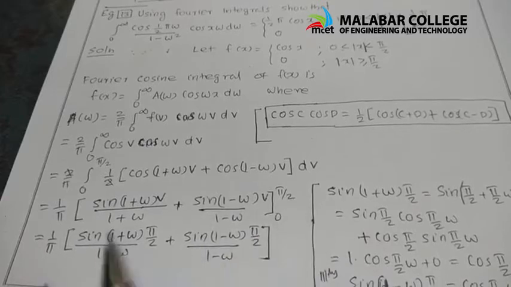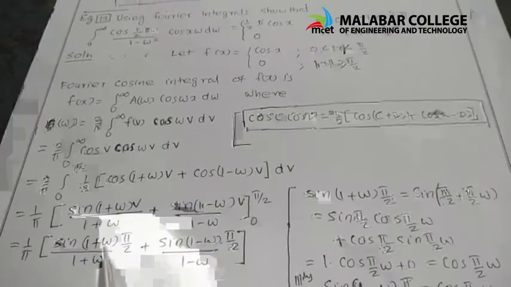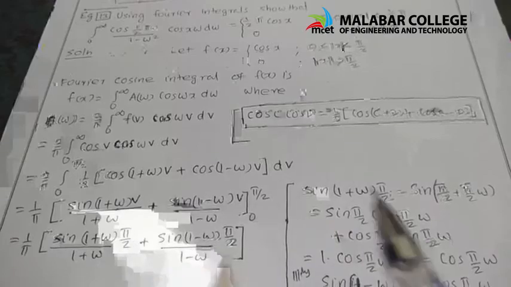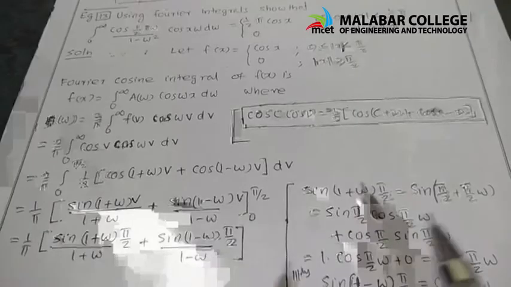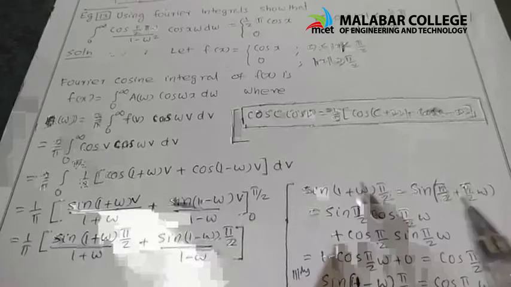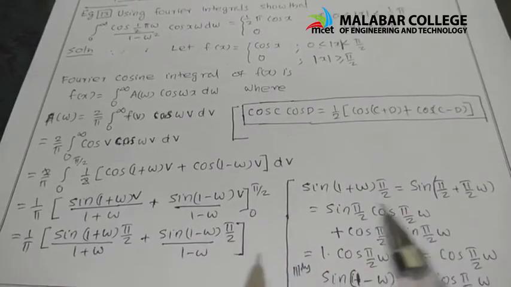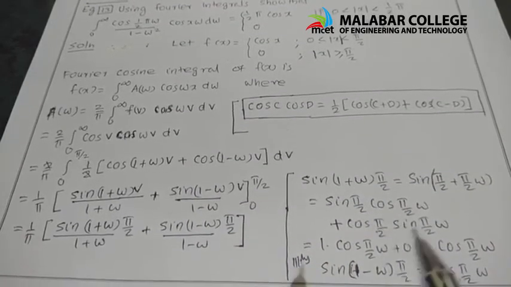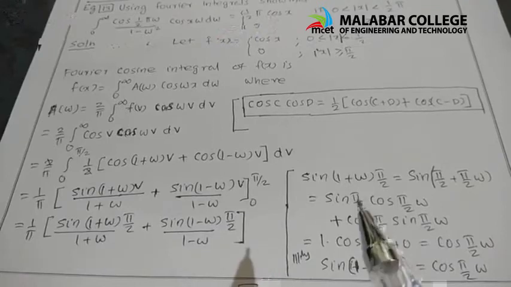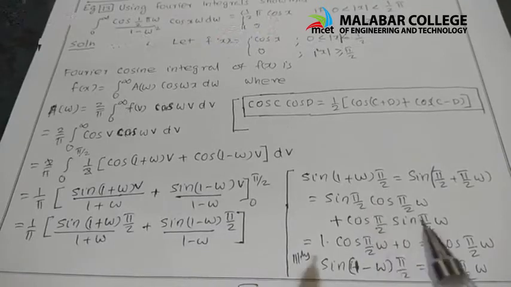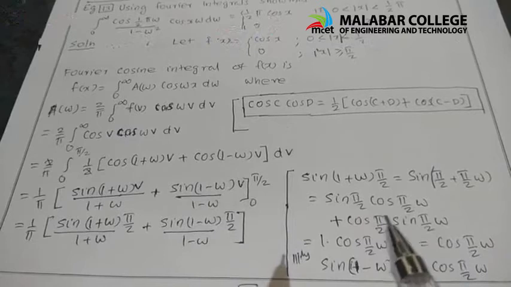Then we have to simplify sin of 1 plus omega into pi by 2, which is sin of pi by 2 plus pi by 2 omega, and we know sin of a plus b is sin a cos b plus cos a sin b. We know cos pi by 2 is 0 and sin pi by 2 is 1, so this term vanishes, and we get 1 into cos pi by 2 omega.